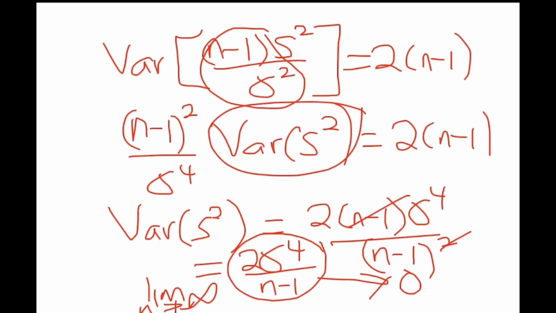Which is one of the reasons why in statistical analysis, if we are given a sample of data and want to compute the sample variance, we use this, because the sample variance as an estimator is unbiased, and not only that, it is consistent. If you follow what we did right now.